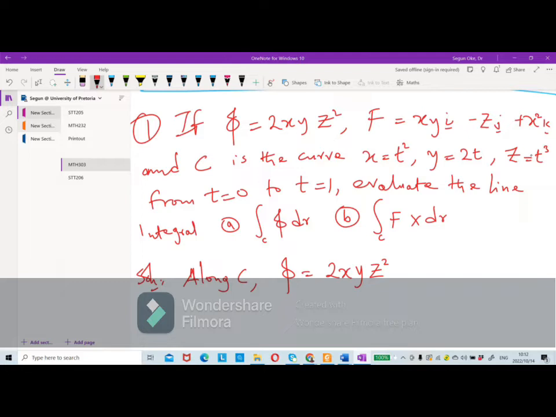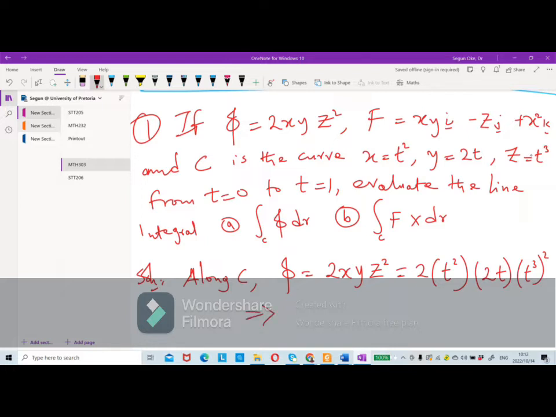Please remember, that's why I give you this question. I know the majority of you will just jump into the integration. Look at it: 2 of t squared. What is y? 2t. And z is what? t cubed. So we have to merge this together.